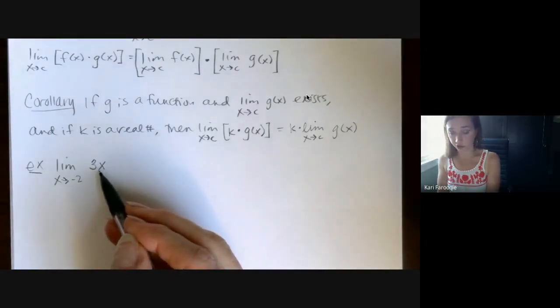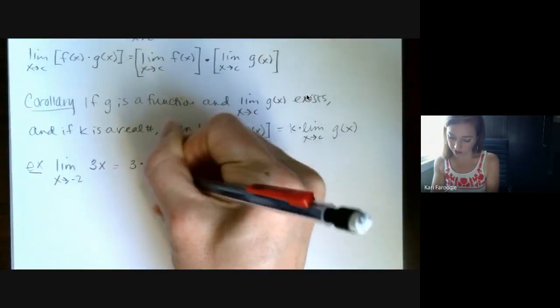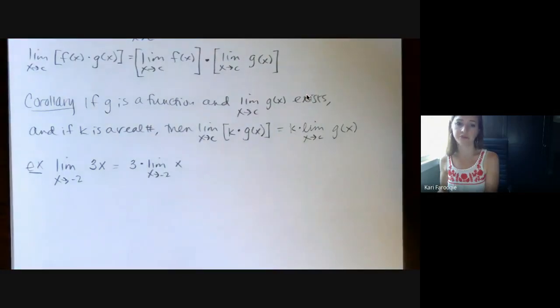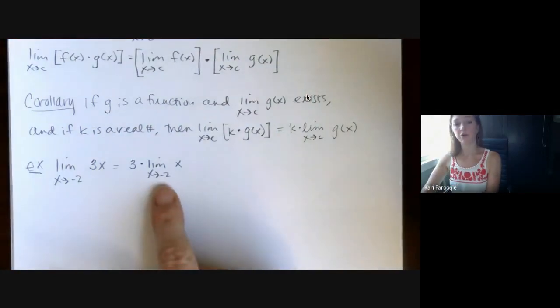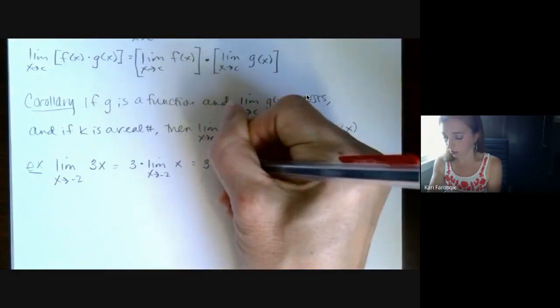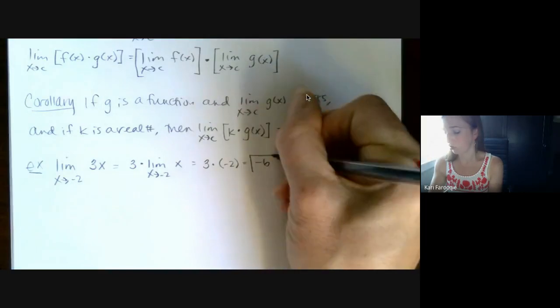X is your function of x. So we can rewrite this as 3 times the limit as x approaches -2 of x. Now this one we've found a bunch of times already today. The limit of the identity function is just whatever value x is approaching. So we're just going to multiply that by 3. So you'd have 3 times -2, which is -6.